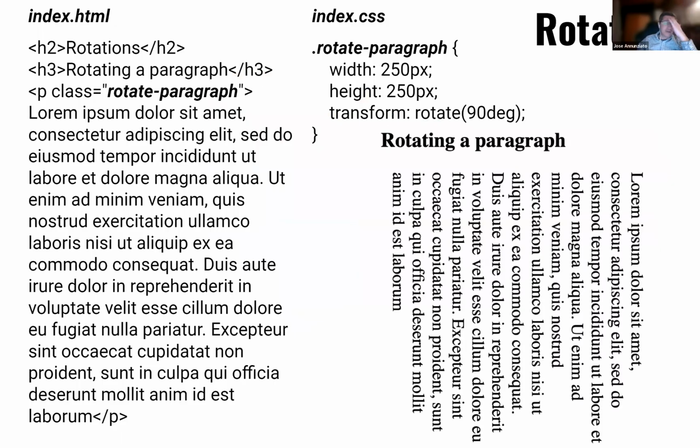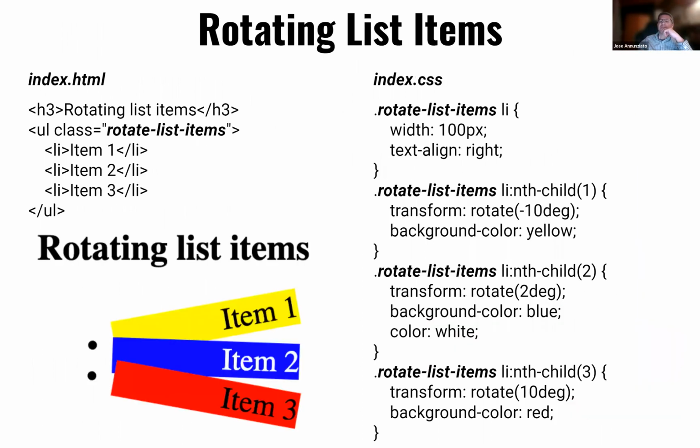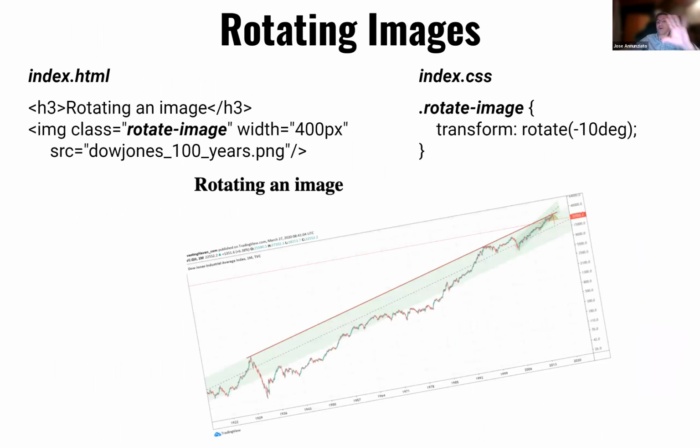Rotating content: you have a transform property that allows you to rotate things by so many degrees, or you can use radians instead. Here's an example of rotating lists, or rotating individual items, or entire images, or rotating a table.